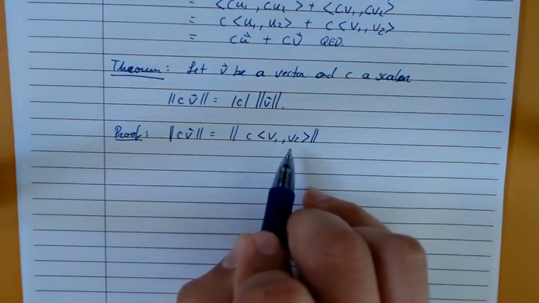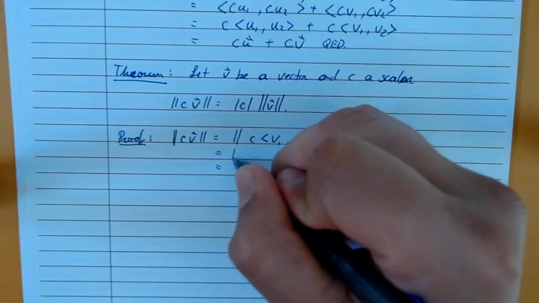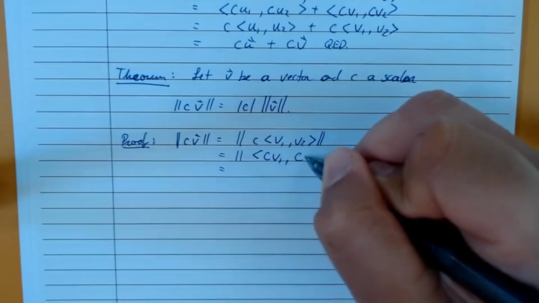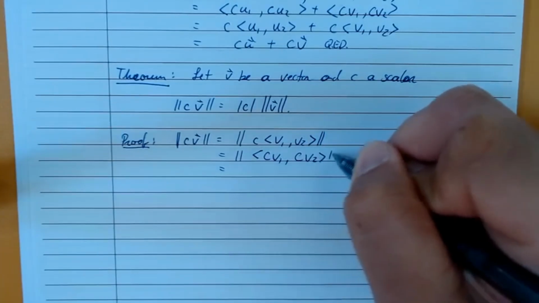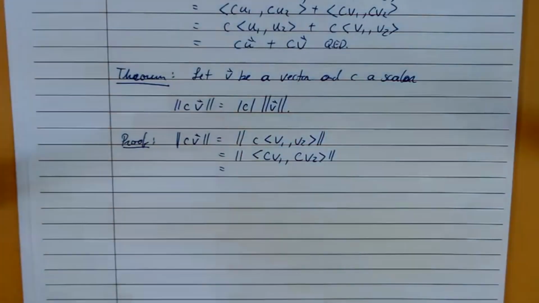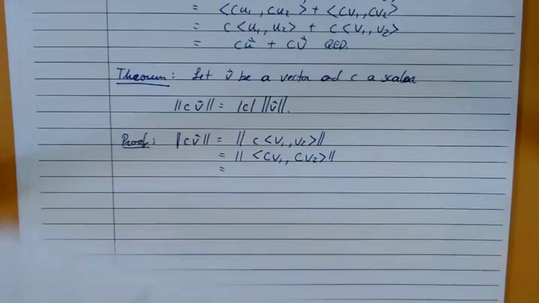I can just distribute that C throughout. So that's going to be the magnitude of CV1 comma CV2. But I know how to find a magnitude. That was one of our definitions from before, yes? The magnitude of a vector is simply the square root of the sum of the squares of the components.